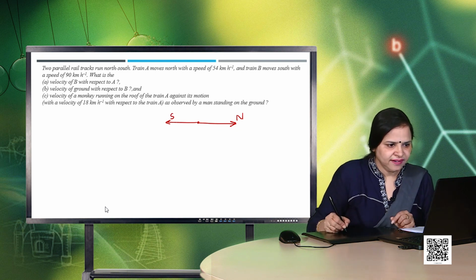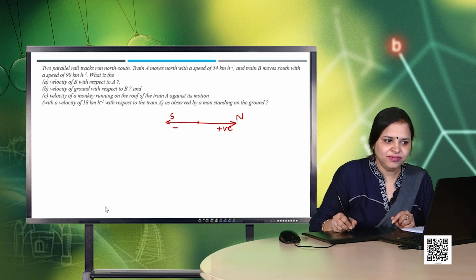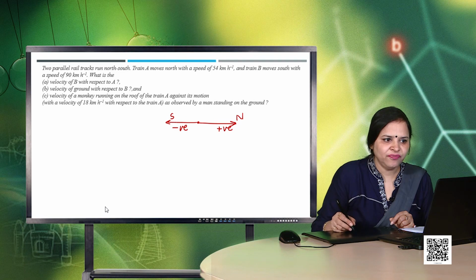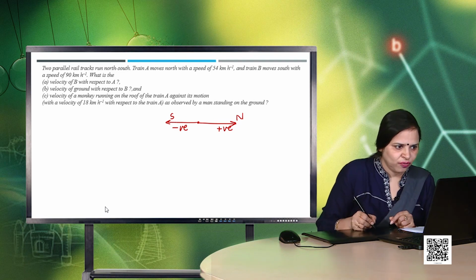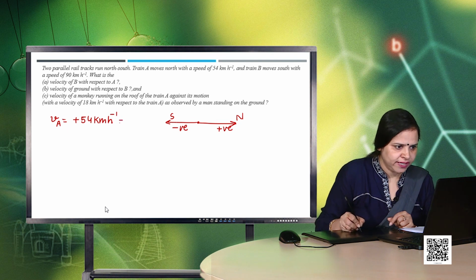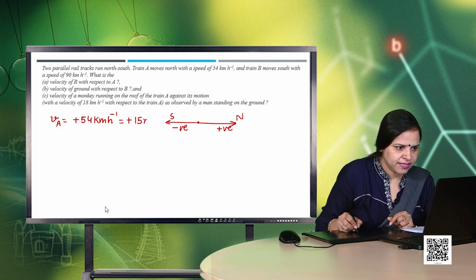So, we consider north direction to be positive, then obviously the south direction will be considered negative. Now, here train A moves north with a speed of 54 km per hour. So, the velocity of train A is equal to plus 54 kilometers per hour, and if we convert it into meter per second, it comes to be plus 15 meter per second.